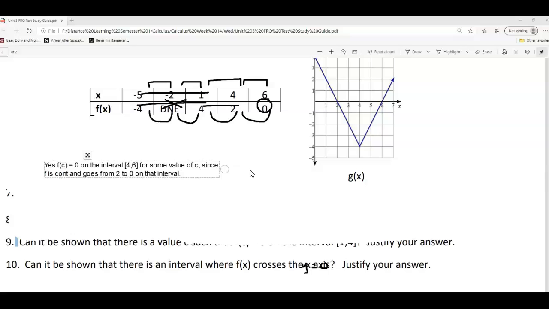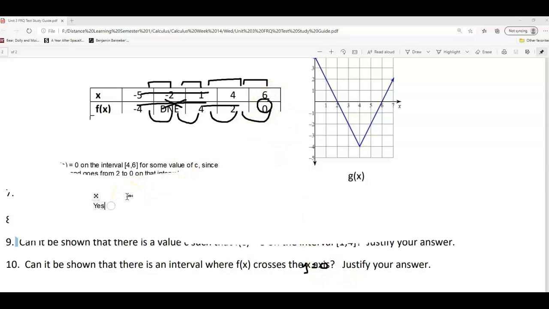All right, now that's probably the better way for you guys to know how to answer this. That'll help you with your test. But with this type of question, it's almost kind of silly if you actually notice it, because they're asking, can it be shown, does it cross the x-axis anywhere? Well, it crosses the x-axis right here.